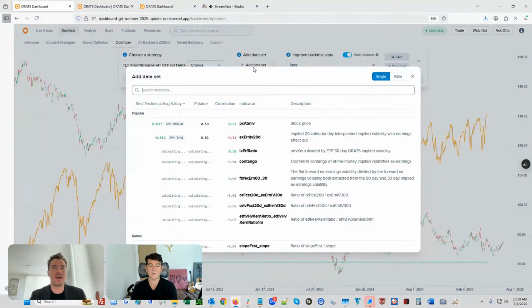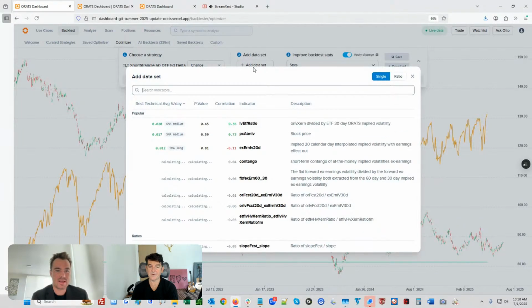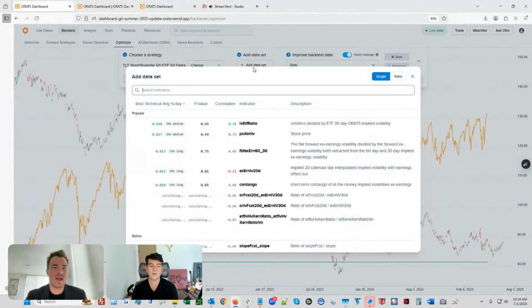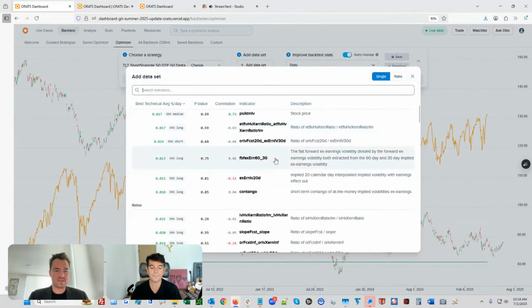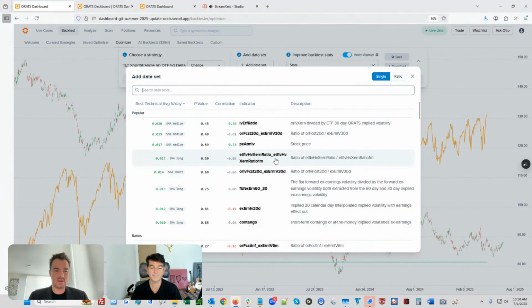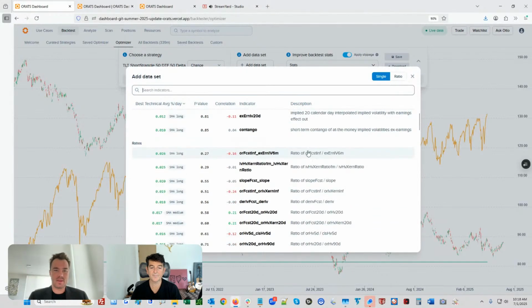So when the p-value is 0.1, that means it has a 10% chance of having a random effect on the backtest, which is good, because that means 9 times out of 10, that's a really strong indicator that isn't random. So you want to look for a p-value that's lower than 0.1.